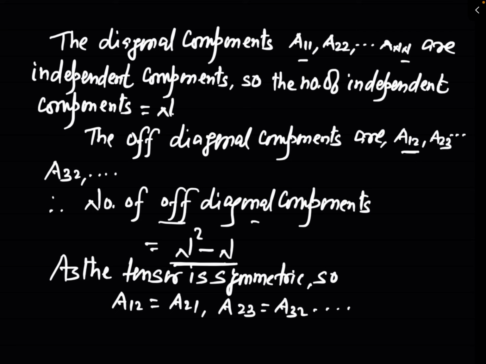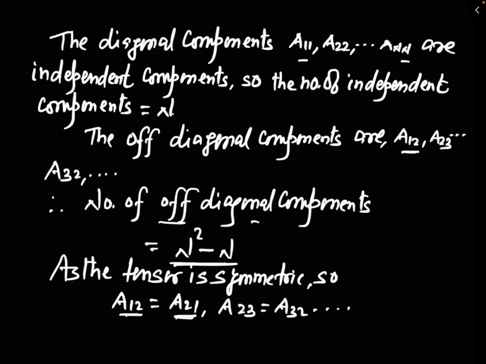But due to the symmetry property of this tensor, when we interchange the subscripts, the component remains the same. So A12 and A21 both represent the same component, and that's why we will count A12 and A21 as 1, not 2.